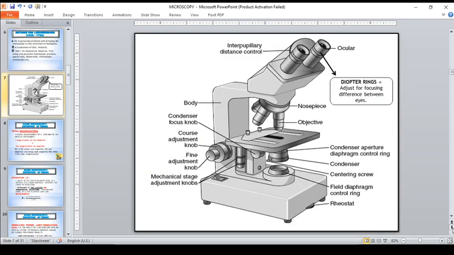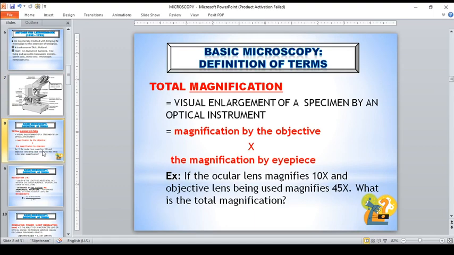Next slide. So we have here an example of a microscope. We will discuss on the last part the different parts as well as the different functions of this microscope. Total magnification. So we go to definition of terms. When we say total magnification, that is the visual enlargement of a specimen by an optical instrument: the magnification by the objective times the magnification by the eyepiece.